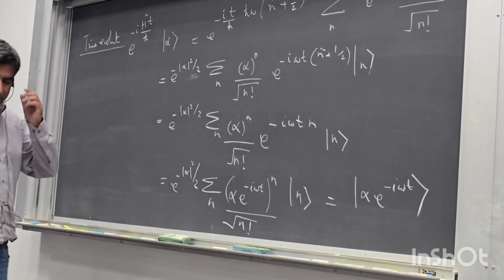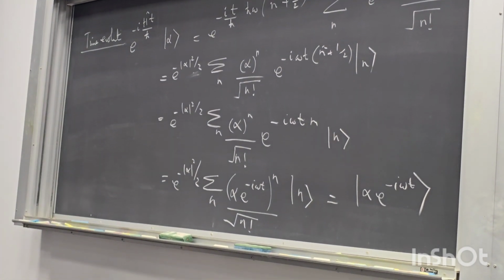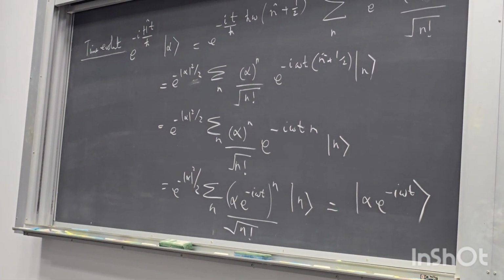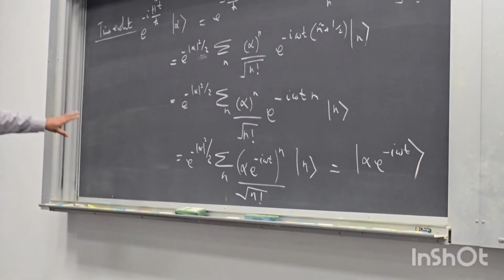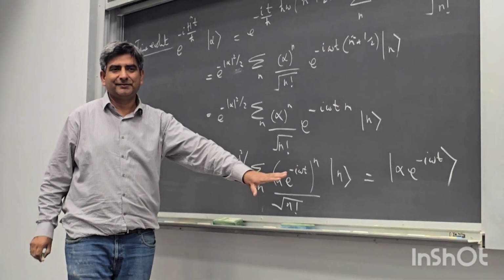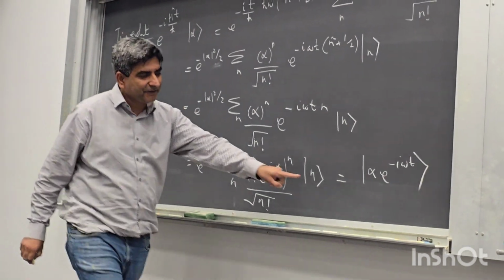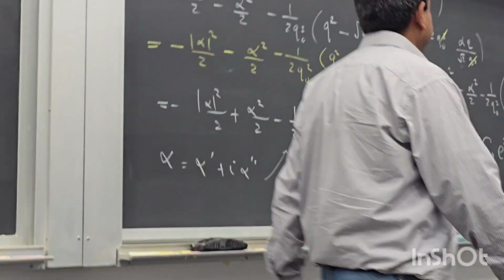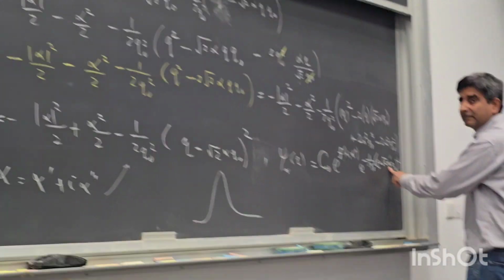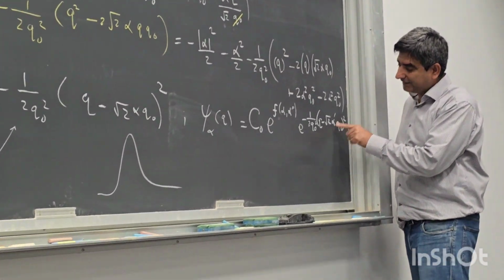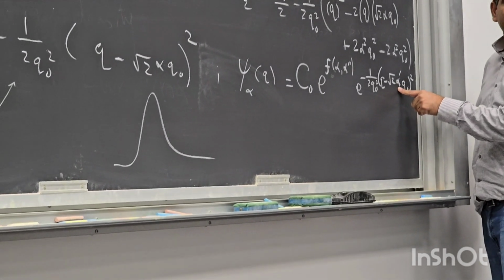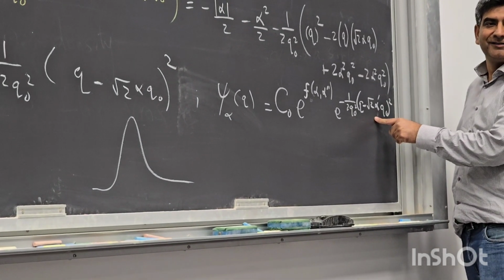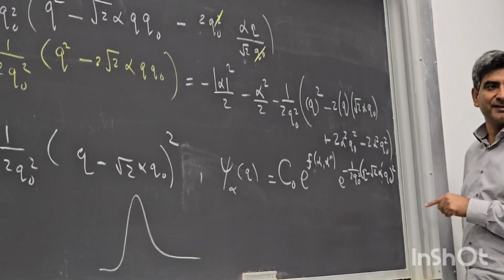So the time evolution of the coherent state goes like this. If I were to take this coherent state and put it in here, a time factor is going to come here, because now instead of alpha prime, I will have the real part of alpha e to the minus i omega t.